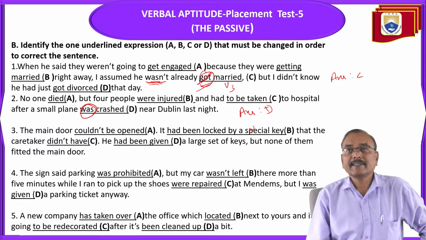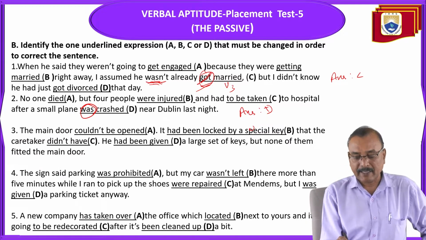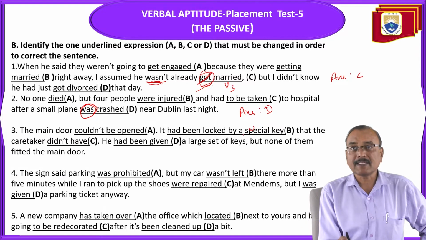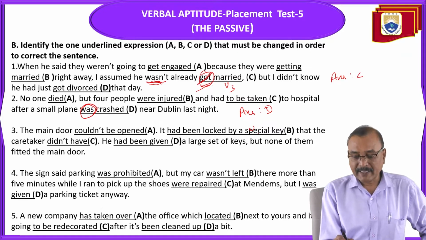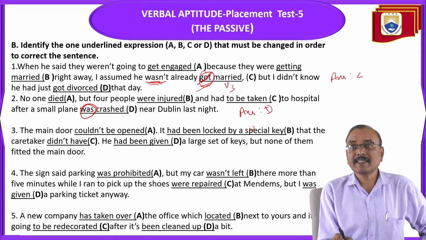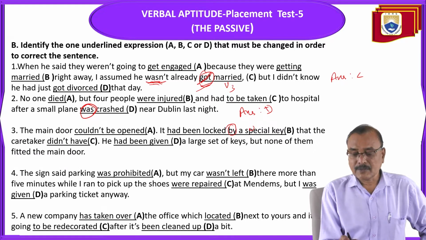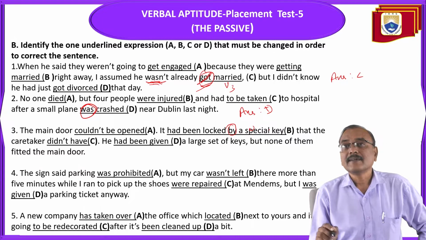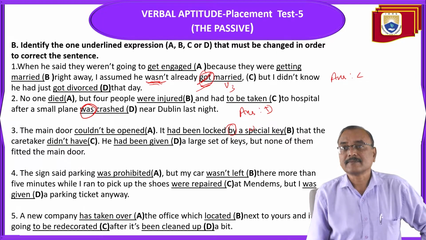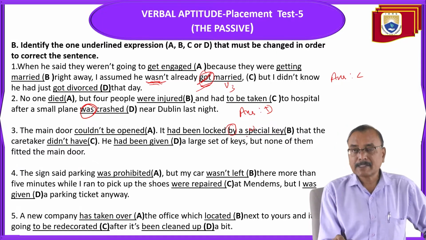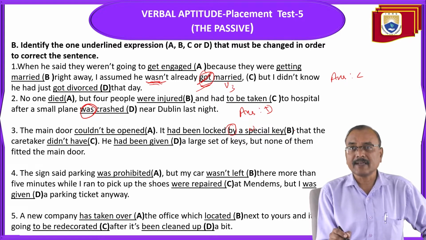So here it had been locked by. It seems a passive sentence, but here "by a special key" is not necessary. Here "by" is used only for living organisms. A special key is not a living organism.